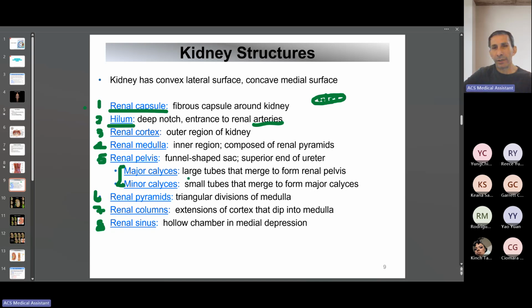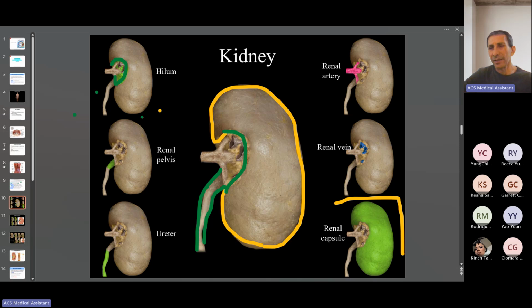That will be the renal pelvis. This one enters right there. This is a funnel-shaped sac, the superior end of the ureter. So this is the one that we see right here. See, the renal pelvis, it's this part right here, because it's the superior part of the ureter.